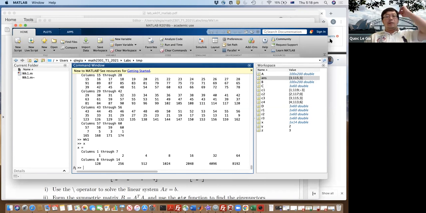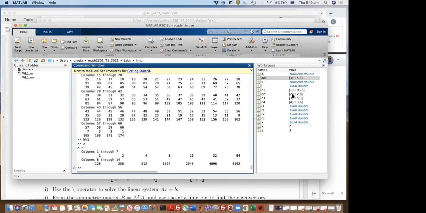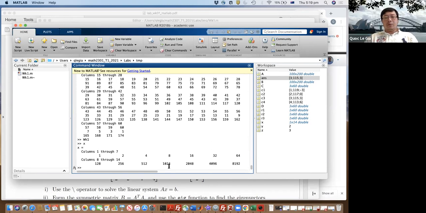And now what is the next question? The next question is how do you define the vector y? -2, so just -2 raised to the power. So we take -2 raised to the power.